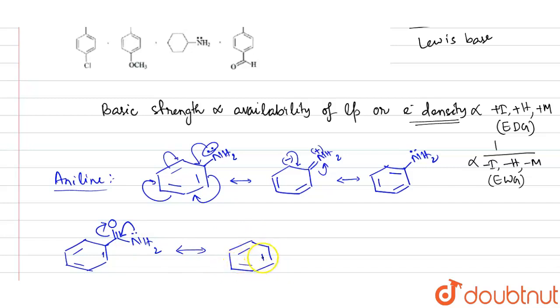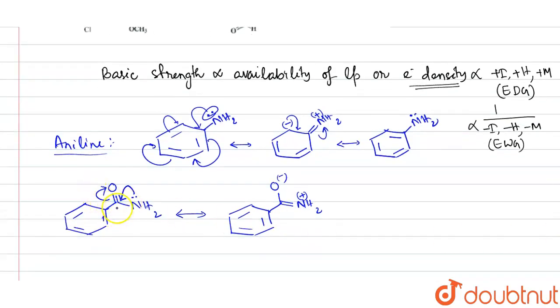So here this resonating structure we can get. Here this is NH2 plus and this is O minus, and this C double bond O is a very strongly electron withdrawing group. Due to this electron withdrawing group, we get less electron density on the nitrogen atom, as we can see a positive charge on nitrogen, NH2 plus. So this is less basic.